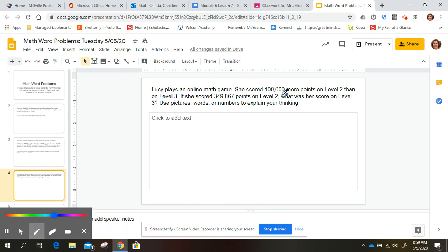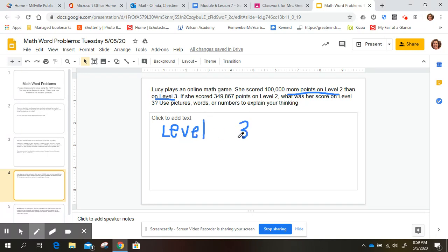All right, so this is a little tricky because they're saying she scored more points on level 2 than on level 3. So level 2's number has to be higher than level 3. So we know that she scored 349,867 points on level 2.